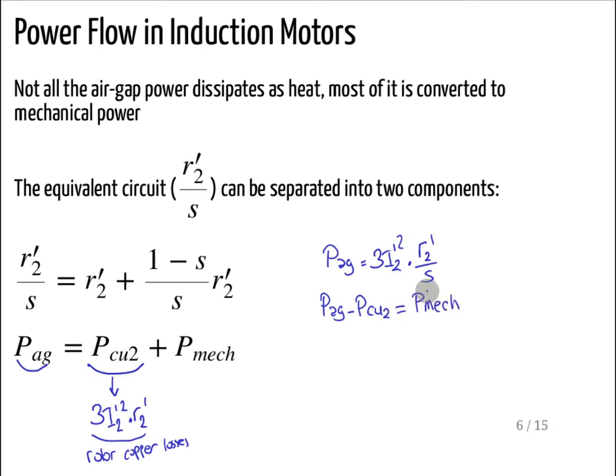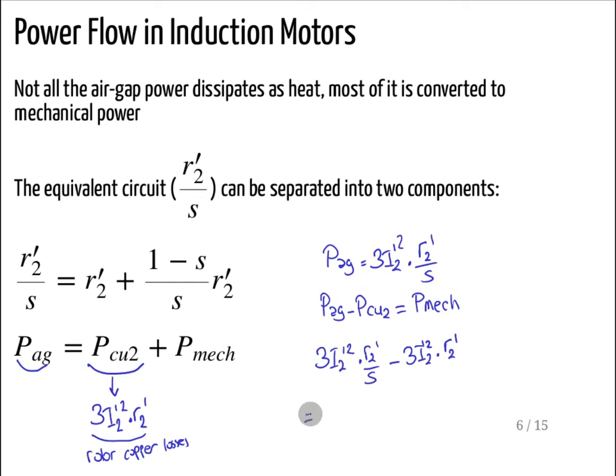That is not converted to heat, but is converted to mechanical energy. So let's do that. 3 I2 prime square times R2 prime over S minus the real power dissipated in the rotor resistance, times R2 prime.